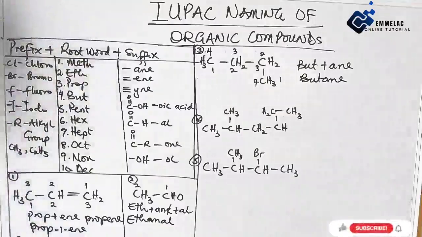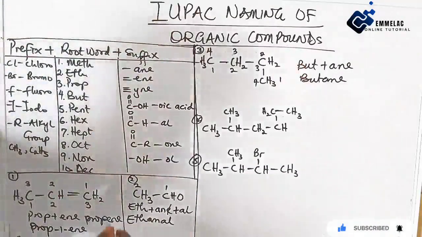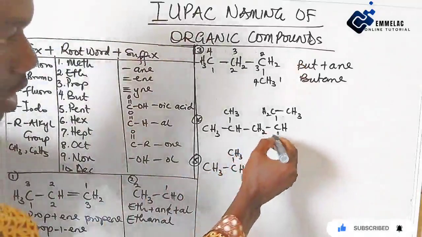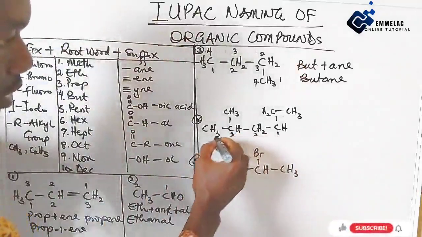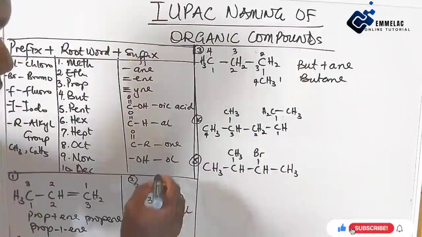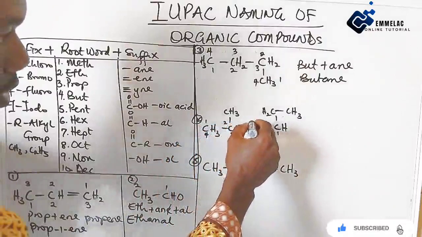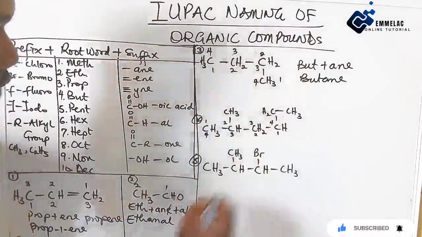Now let us see number 4. Let us identify the longest possible chain here. If I start from here, this is 1, 2, 3, 4. You can also say this is 1, 2, 3, and 4.